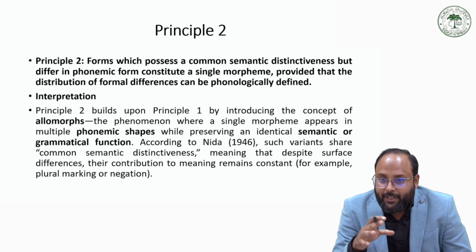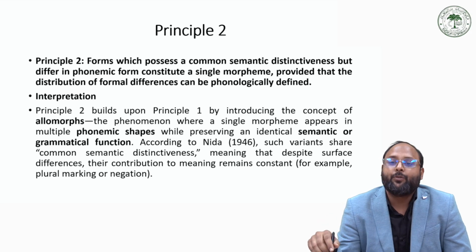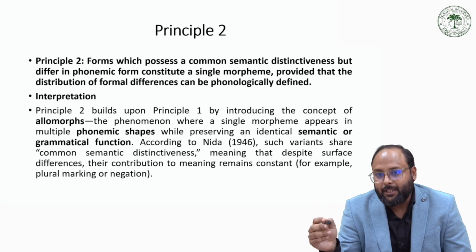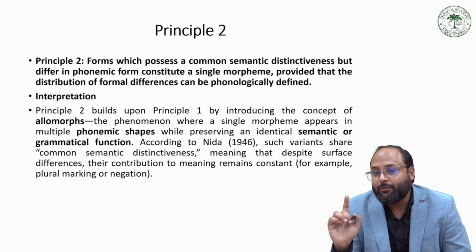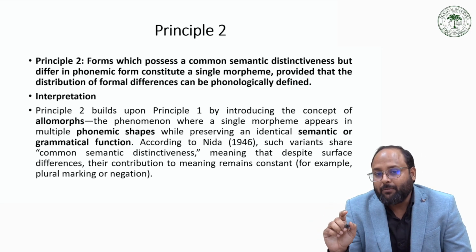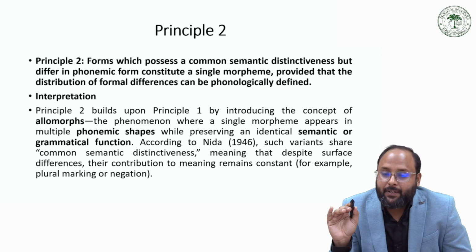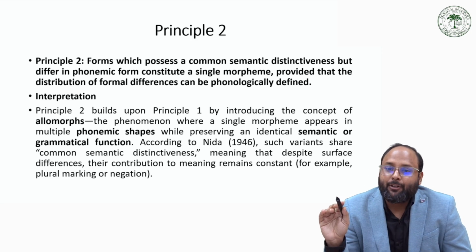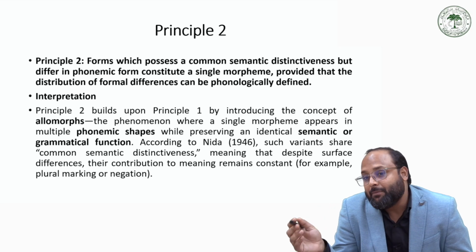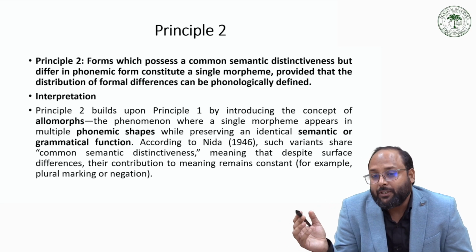The form could be different in different environments due to phonological change, but the meaning should be the same. That is considered as one morpheme if it gives the same meaning in different occurrences, but the form might change due to the phonological condition.